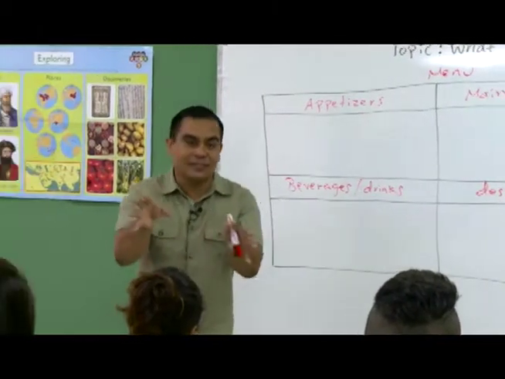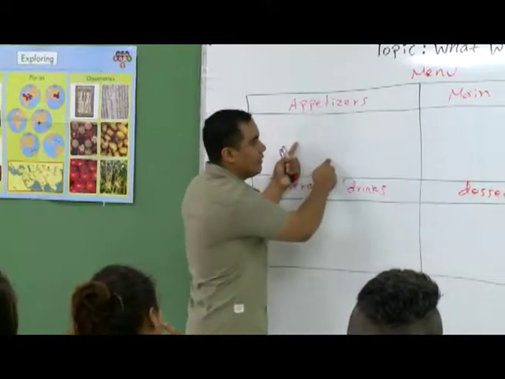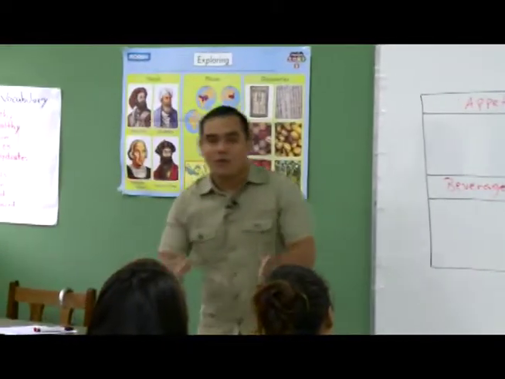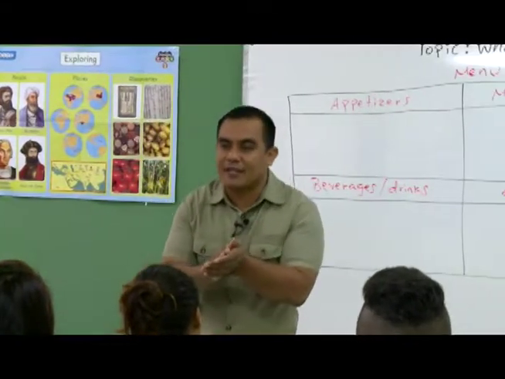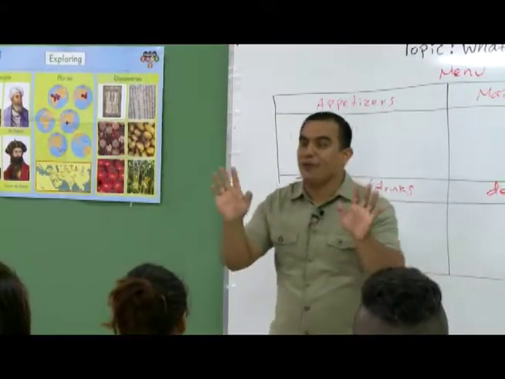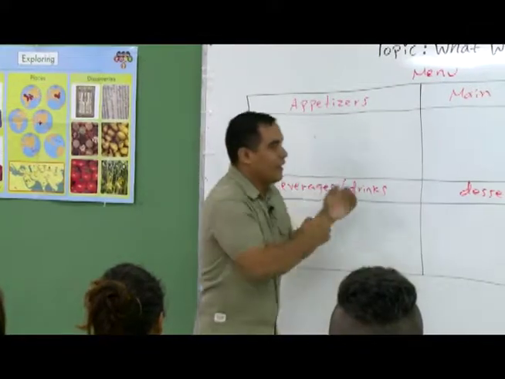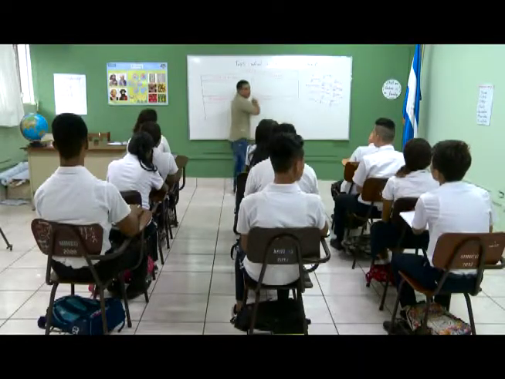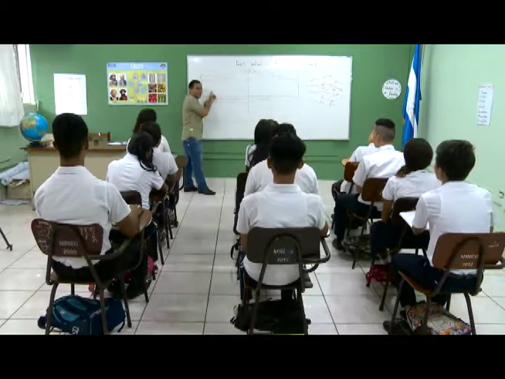You're going to place those words in the right category, okay? For example, if I say 1, 2, 3 appetizers, I need some volunteers to run to the board and take one of the words and place it in the right place.